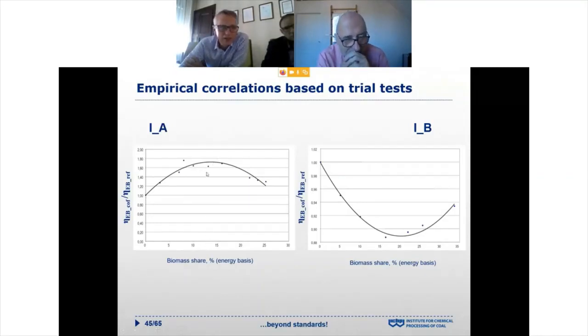When you are adding the biomass up to 15% on the energy share, then your efficiency goes down. But when you reach, let's say, the critical point here, the efficiency starts to behave the other way.